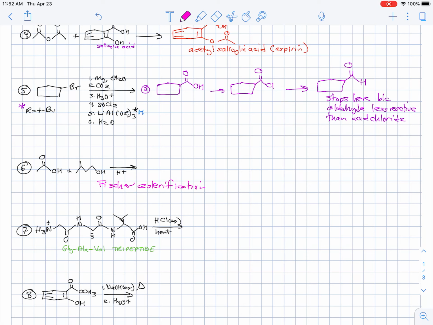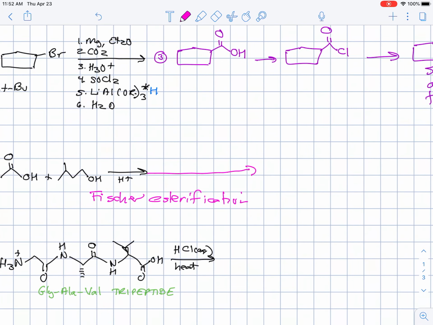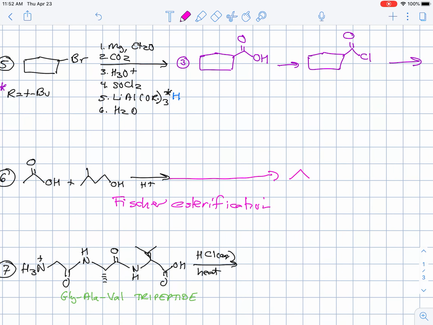And obviously we're going to make an ester out of this, and the ester that we're going to make, I'll make a longer arrow. And we have 1, 2, 3, 4, 1, 2, 3, 4, and 1, 2, 3, 4, 5.